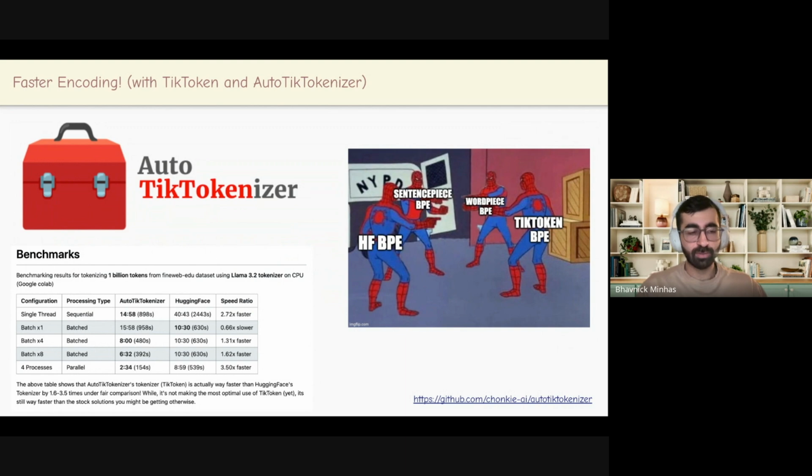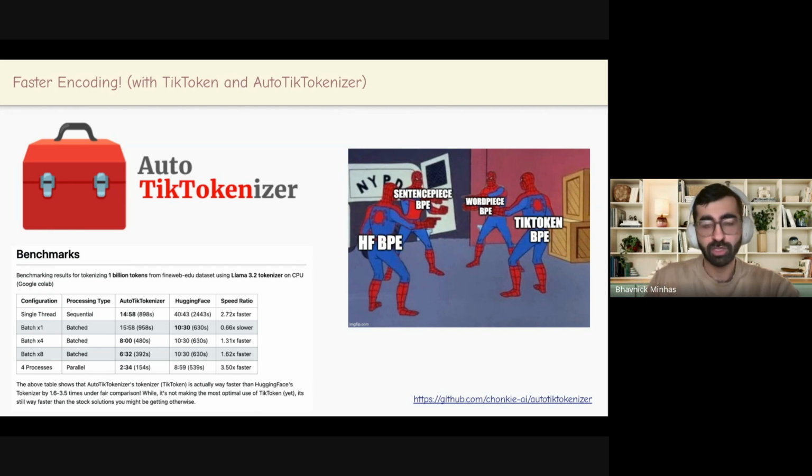And TickToken is this library by OpenAI that does much better than Hugging Face tokenizers in terms of speed. So what if we could support all the tokenizers in Hugging Face with TickToken and use it? Can we do word piece with TickToken?